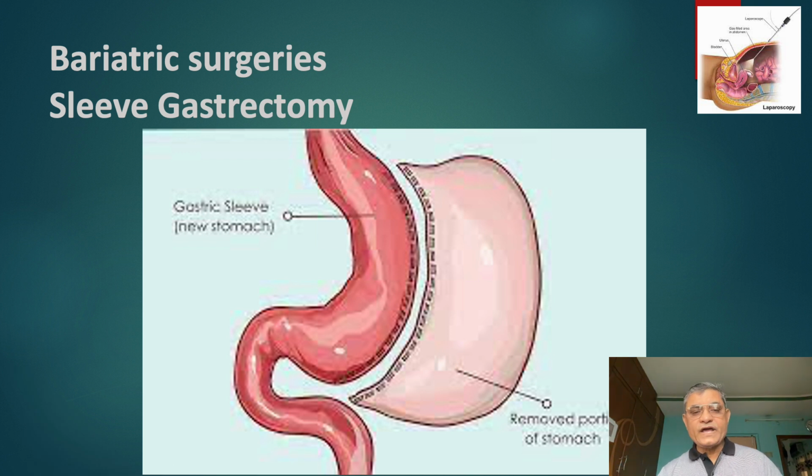The second type of bariatric surgery is sleeve gastrectomy. Here, a large portion of the stomach is removed and only a smaller sleeve-shaped stomach is left behind.